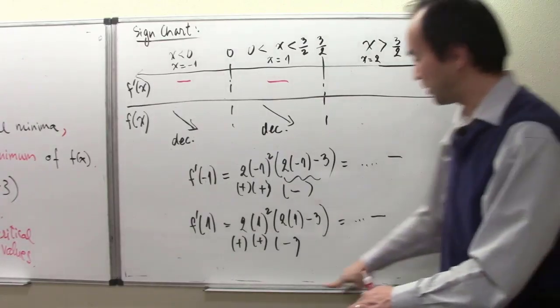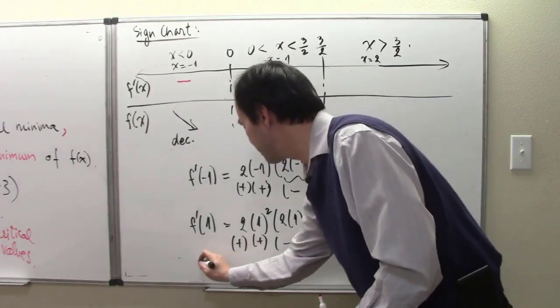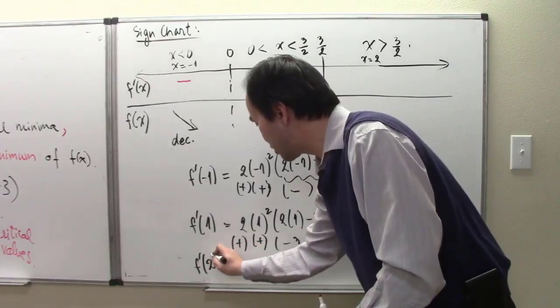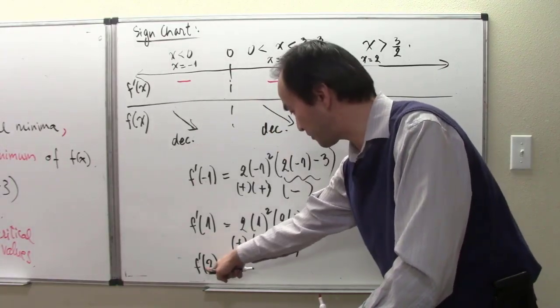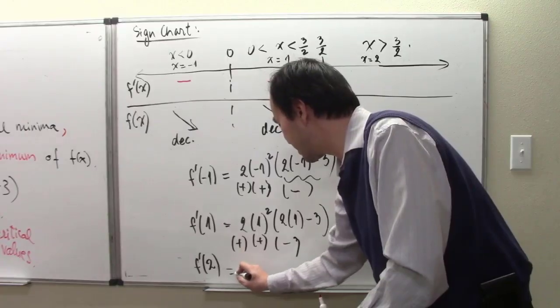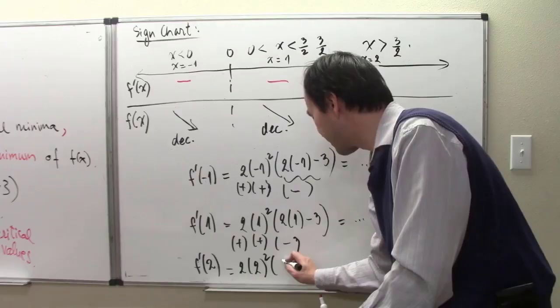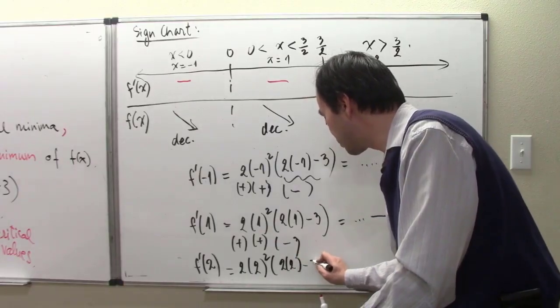And then one last one. And with my narrow board space right here, I can squeeze that in. So when x equals 2, substituting that into our derivative, we're looking at 2 times 2 squared times 2 times 2 minus 3, right?